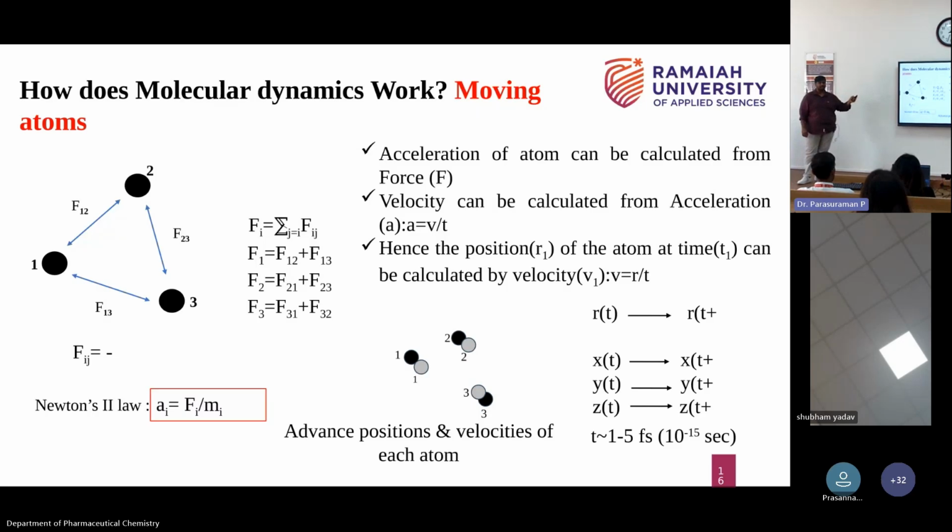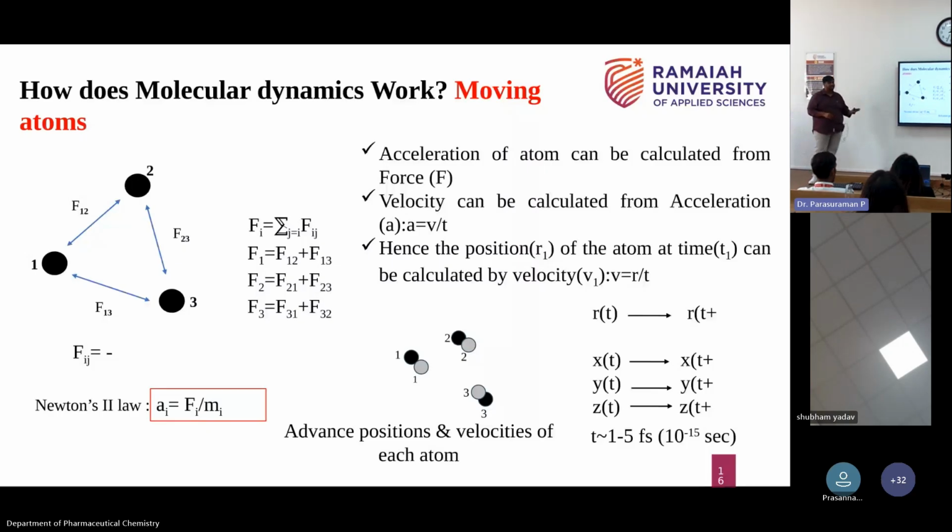As per Newton's second law, acceleration depends on the force experienced by the object and the mass of that object. In molecular dynamics, as we are using a force field, the atoms will be in constant motion. So we calculate the acceleration from the force experienced by each atom. From the acceleration, we'll be calculating the velocity. From the velocity, we can calculate the position of each atom at the respective time.